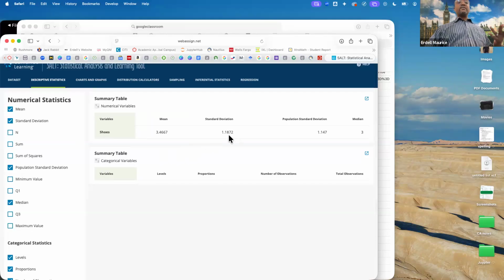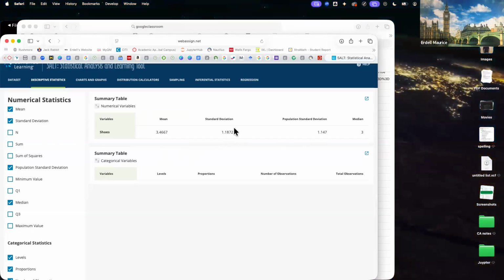The sample standard deviation is going to be a little bit larger than your population standard deviation. It's always going to be a little bit larger because I'm dividing by n minus 1 instead of dividing by n. All right? Question 3.